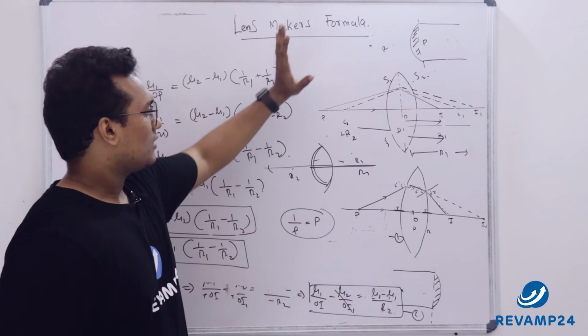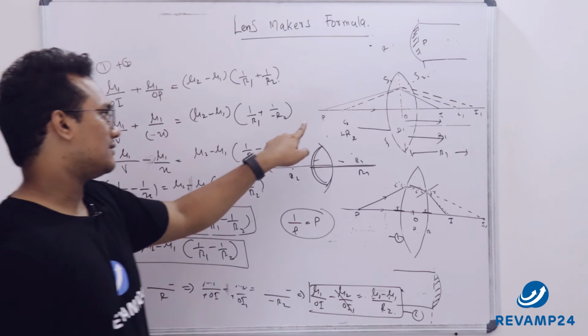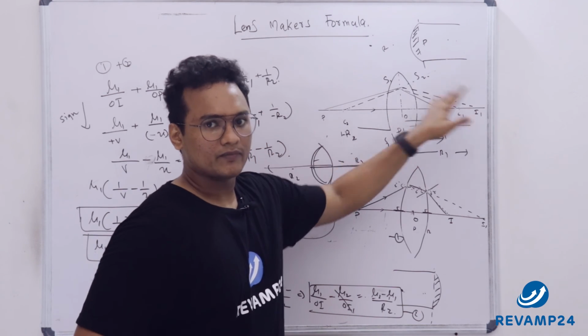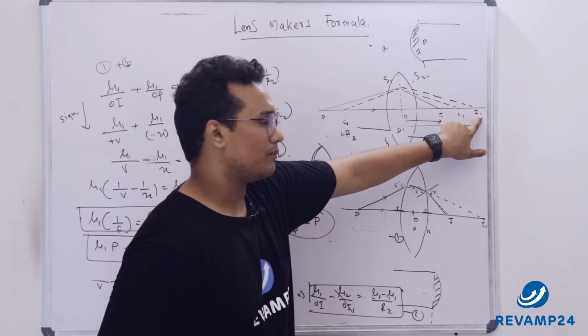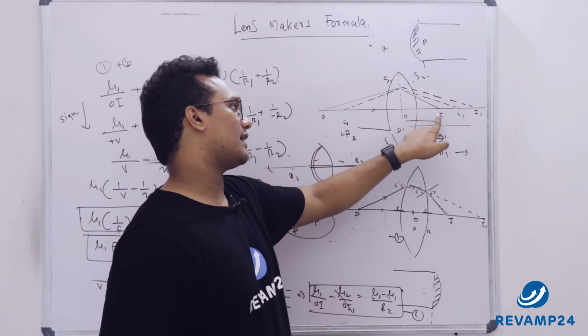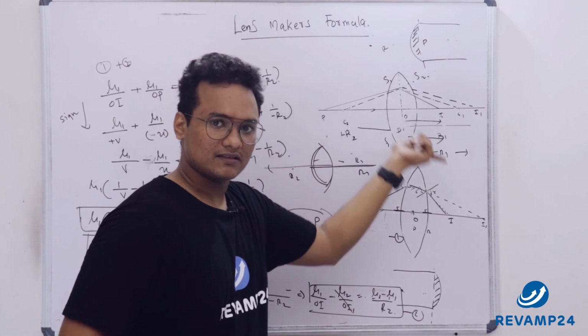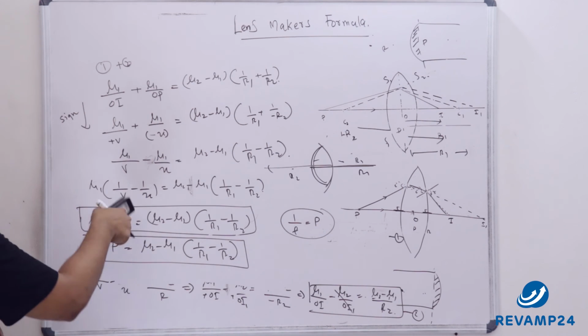So write down two equations for these two scenarios: the first surface creates an image I1, for which you write an equation. Then this image acts as an object and creates a new image, for surface 2, and you write its own equation. Then add them, and you will get this equation.